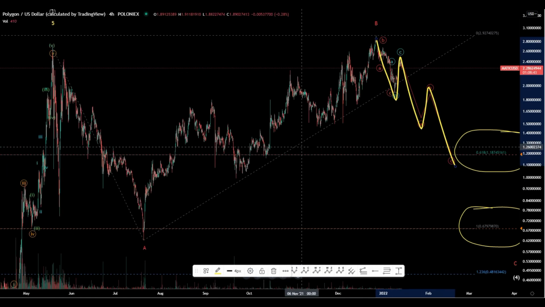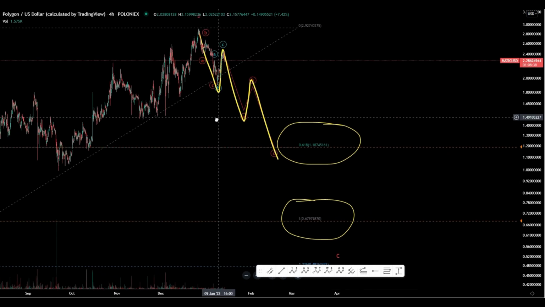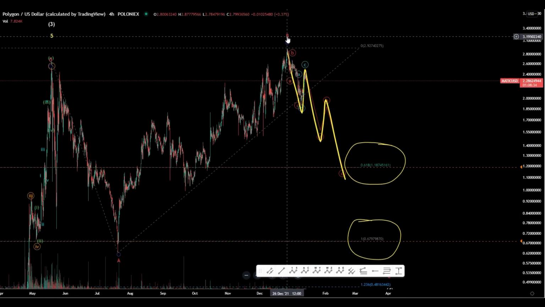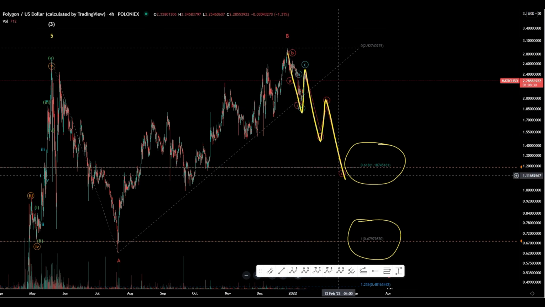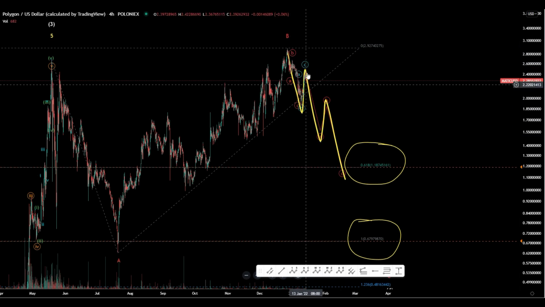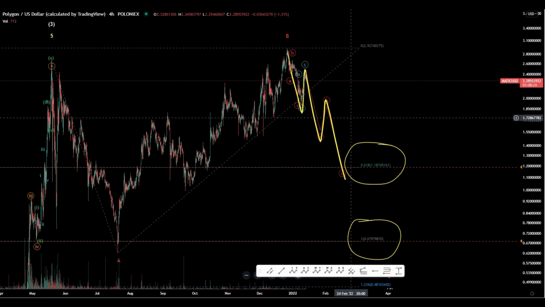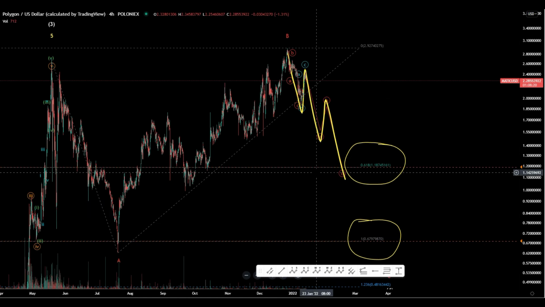And you don't want that right now for MATIC, to be honest with you, because if this is a 5, whether this is a 1 up top or a B up top, a 5-wave move to start something is exactly that. It's only a start to something. A full correction cannot be 5 waves.